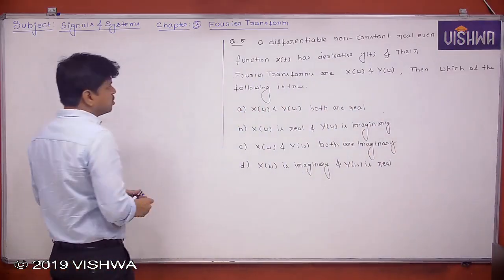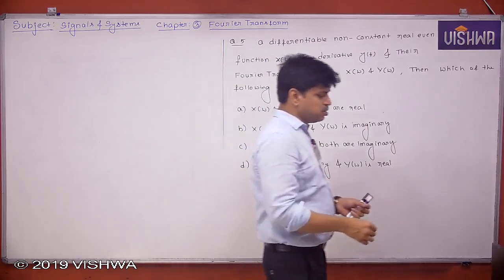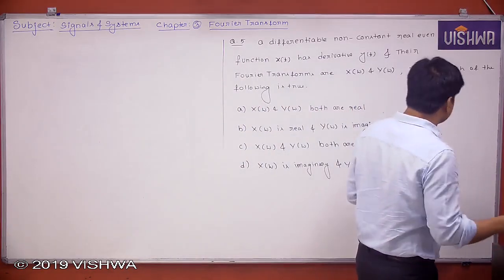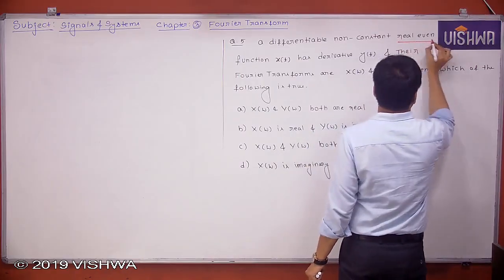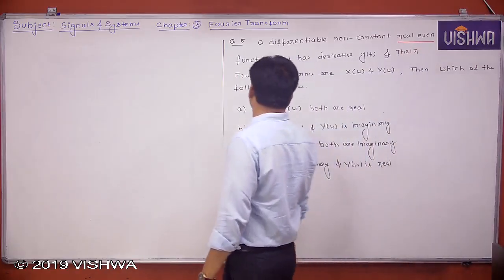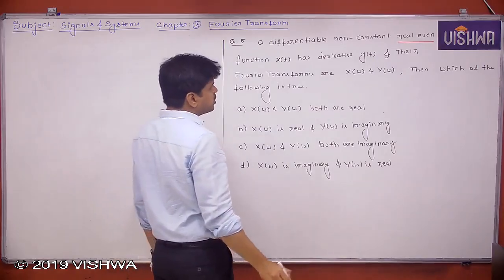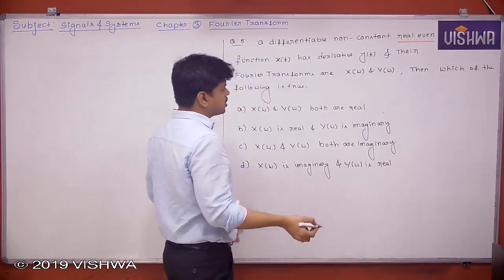Okay. Observe here, they have given the function x of t. What is x of t? X of t is a real even function, and y of t is the derivative of x of t. Then what is the nature?